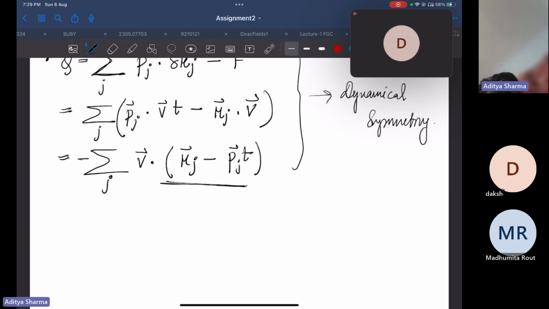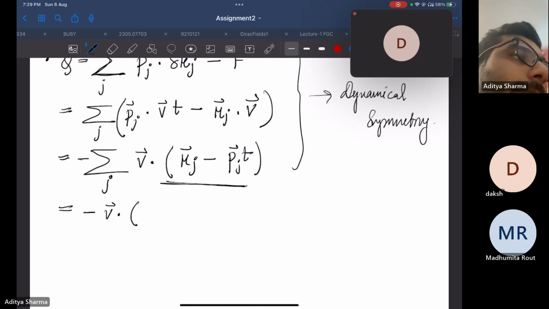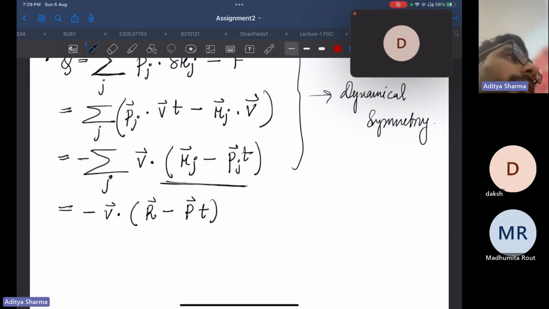That is the question we are interested in. I'll just do some variable changes. The sum over r_j, I'm going to call R vector, and the sum over p_j, we are going to call P.